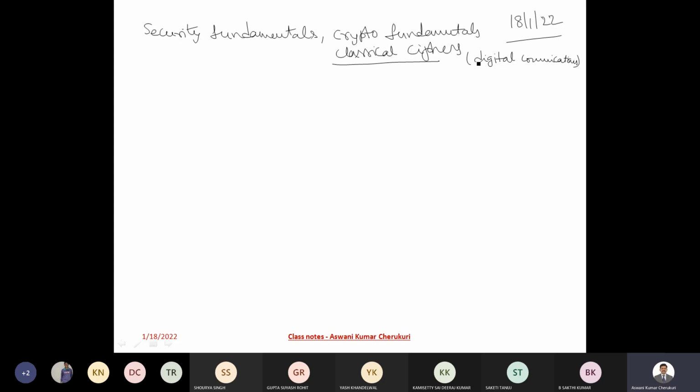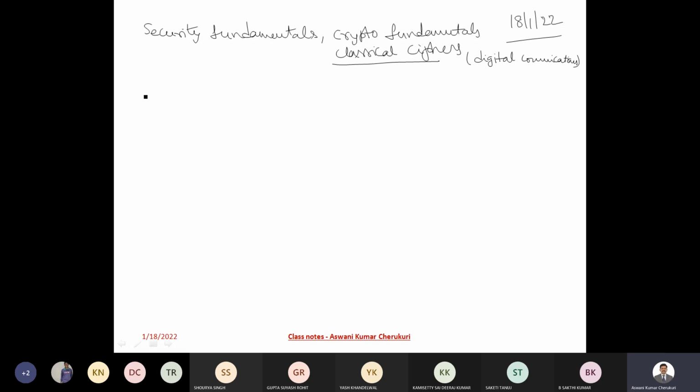Then people understood the need for standard encryption algorithms, and especially after the 1970s, we have seen various standardized algorithms. These algorithms have come both from industry and academia, and they helped digital communications to secure the communications that are getting exchanged.